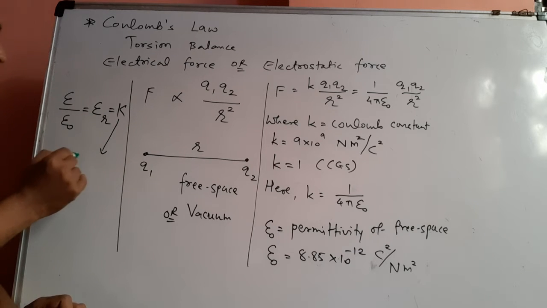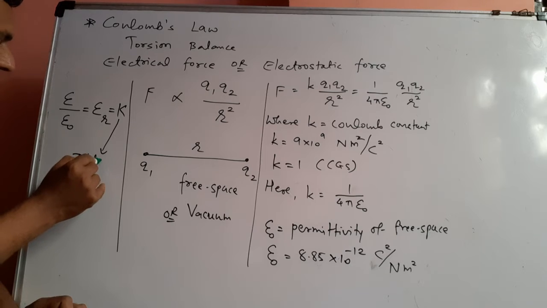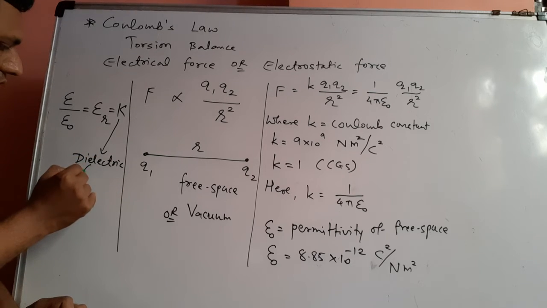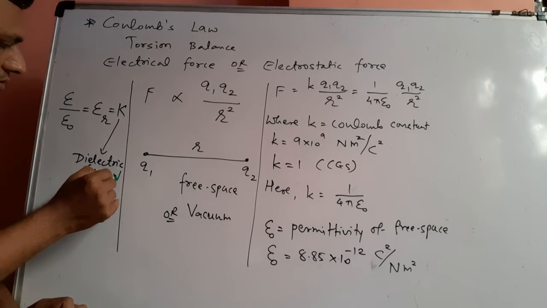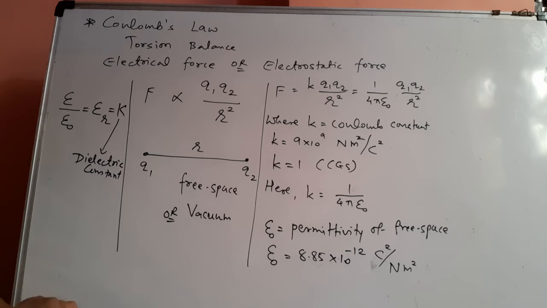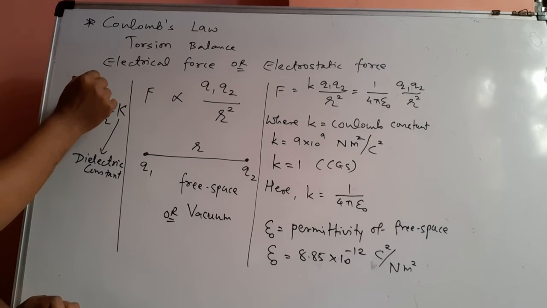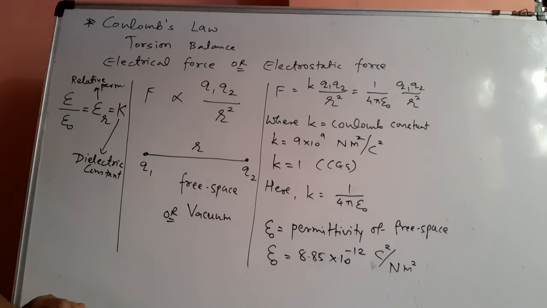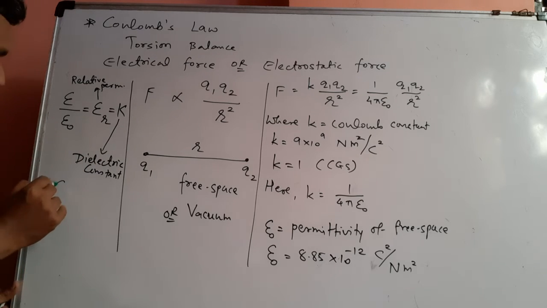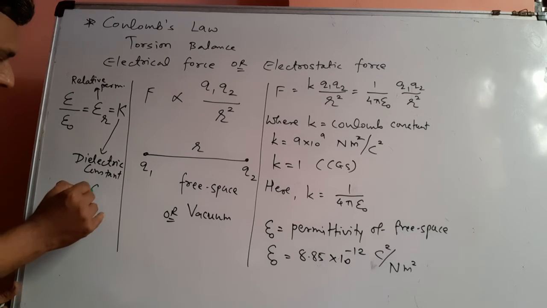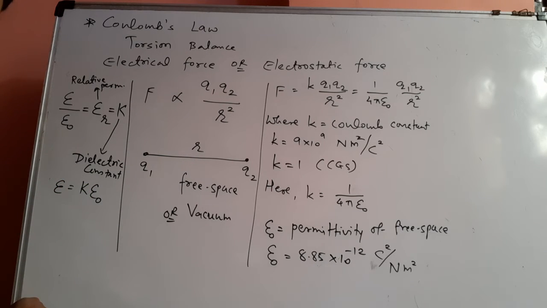This is the dielectric constant. Ready? Or this is relative permittivity. So this is relative permittivity and this is dielectric constant. Both are the same. And obviously here epsilon is given by K epsilon naught.